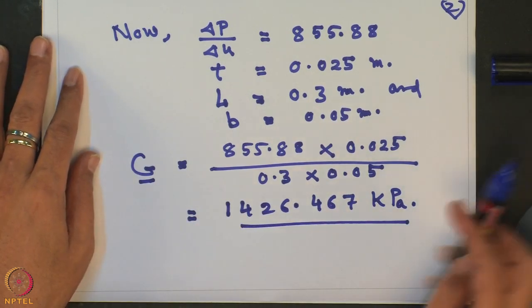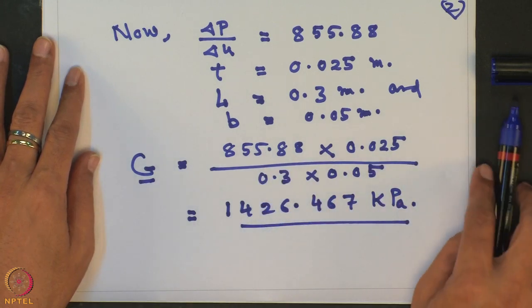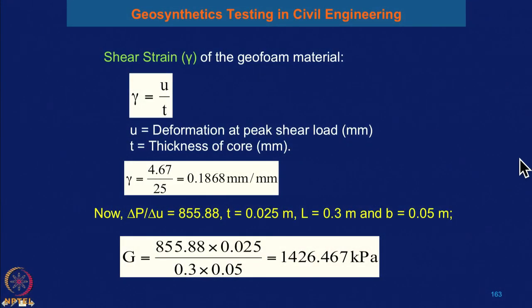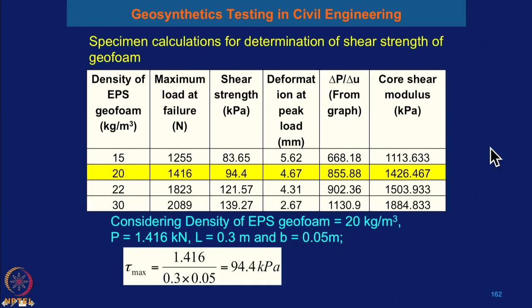So, you can calculate the G value, and this value delta P by delta U, which I have shown you from the earlier table, you can see in this table. Delta P by delta U is equal to 855.88 for an EPS density of 20.